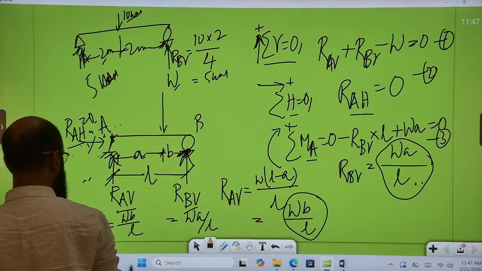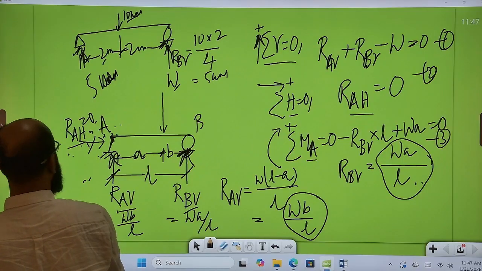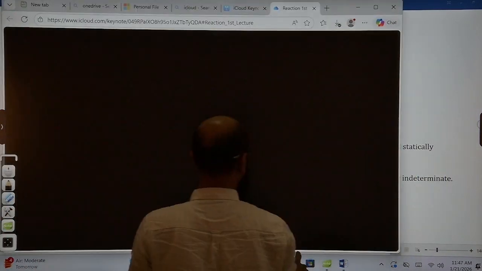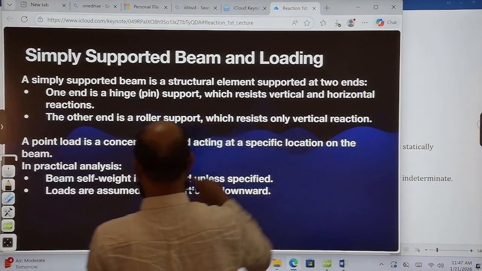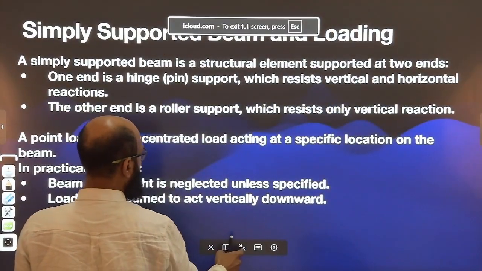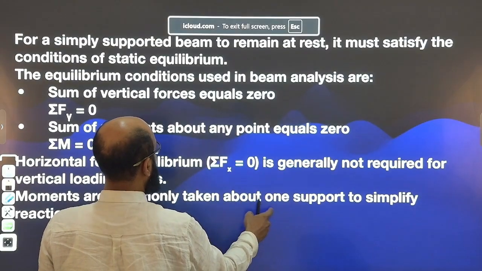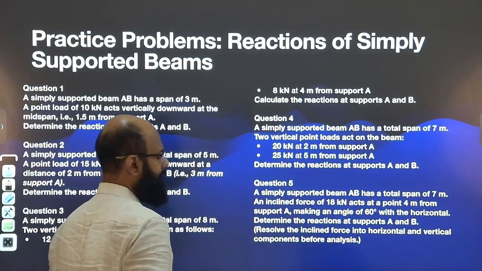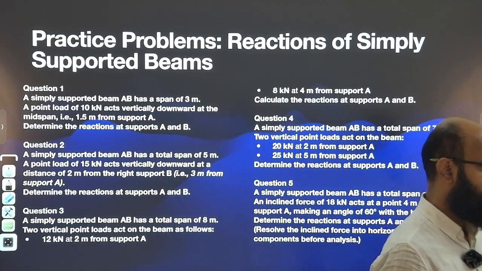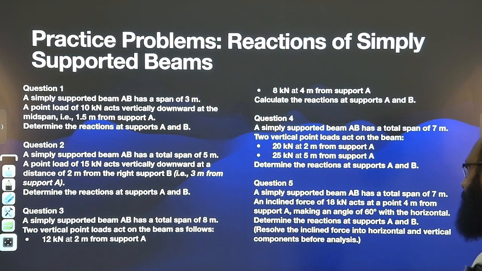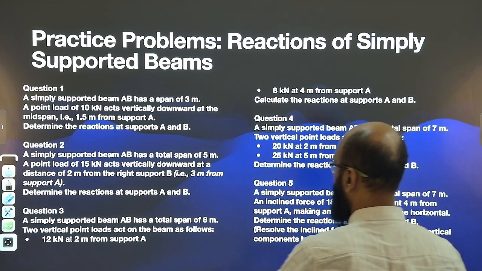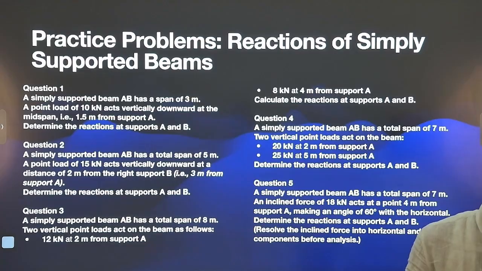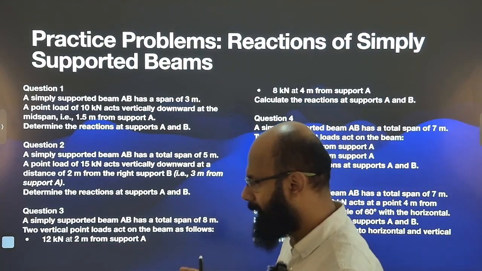Now I will show you some problems I have given, you are going to solve these 5 problems. You can take a screenshot of this particular figure and solve these 5 problems.